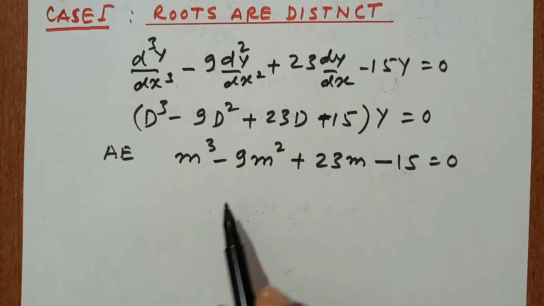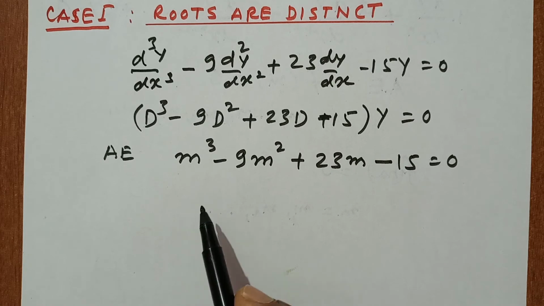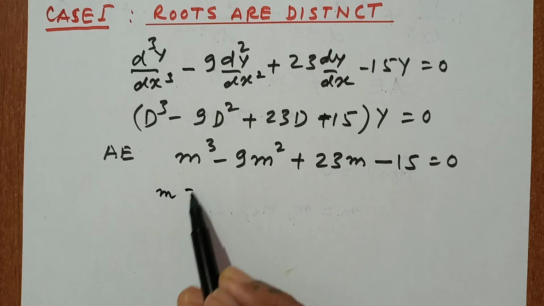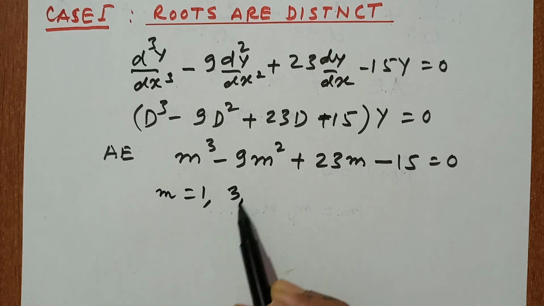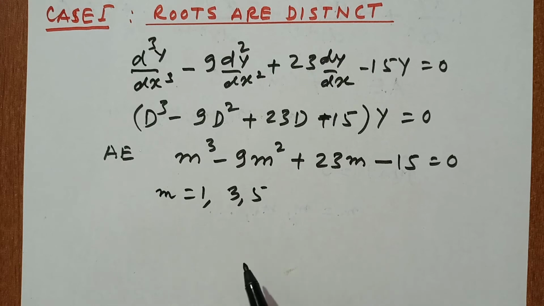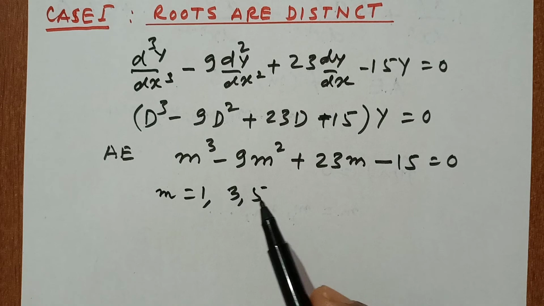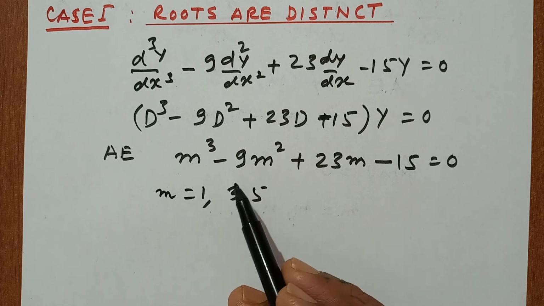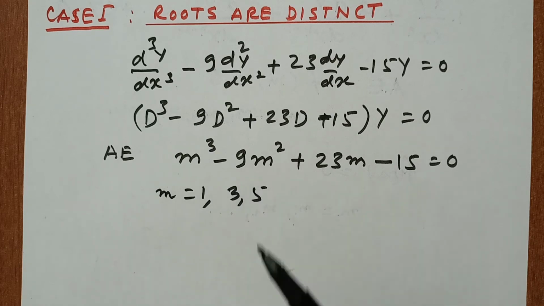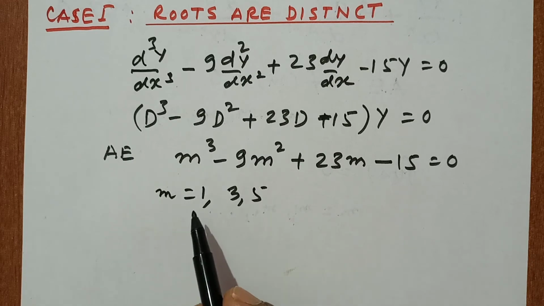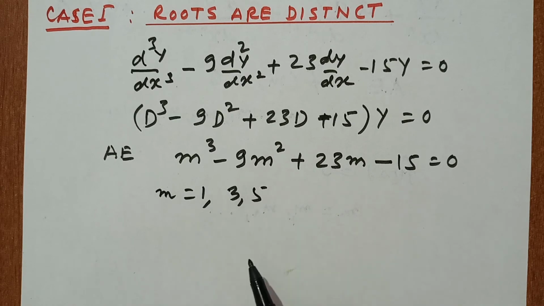I am going to put the direct values: m is equal to 1, 3 and 5. How do you solve? Since m is equal to 1 is a root, first you divide by m minus 1, and you get a second degree equation, which is very simple. So here m1 is equal to 1, m2 is equal to 3, m3 is equal to 5.